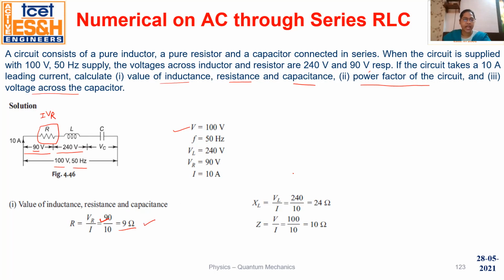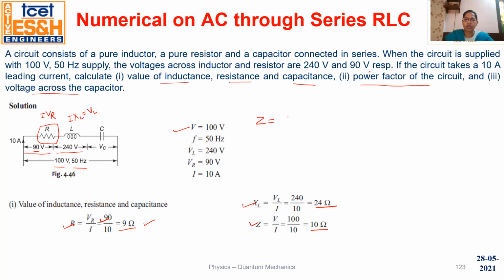Now XL is equal to VL by I. VL is given 240, so 240 divided by 10 is equal to 24 ohm. So Z is equal to V by I, this is 10 ohm. So we have three quantities in our hand: resistance, reactance, and impedance.